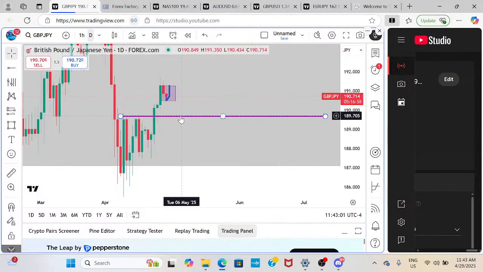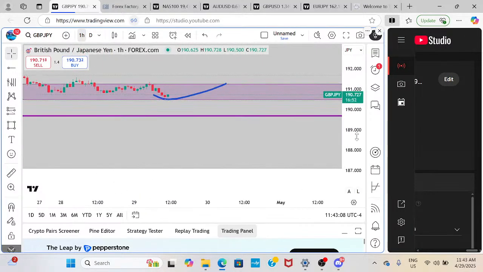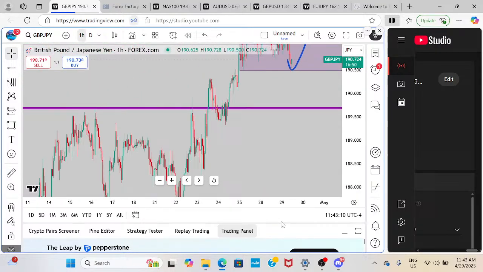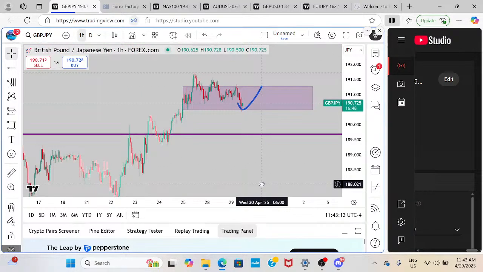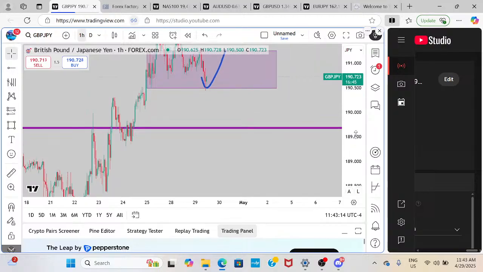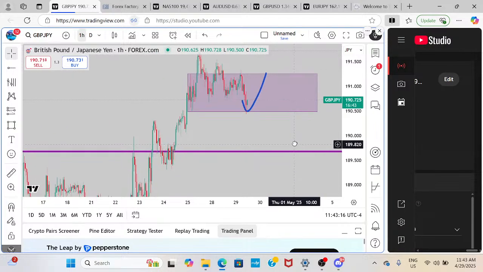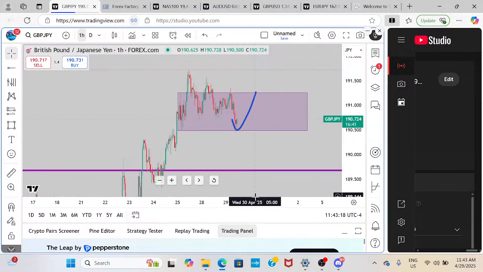If the price drops to that level, this would be a good area for a buy. Let's check the 1 hour. So that's pretty much it. It's going to eventually buy.